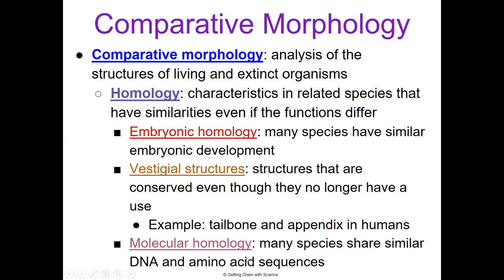This caused some major shifts when they were working on the Tree of Life, because they found that some things were more closely related than they had thought based on DNA. And then there were some organisms that they felt were closely related, and when they looked at their genetic sequences, they were very different.